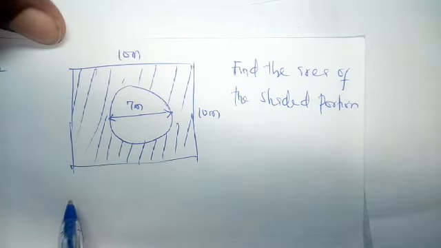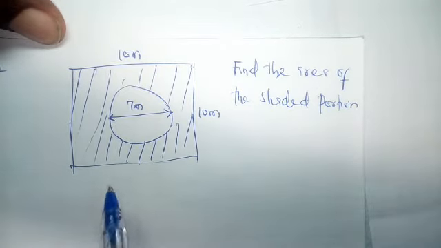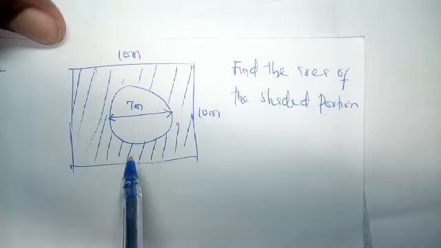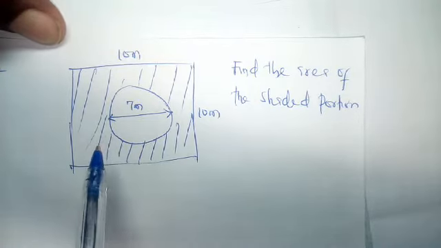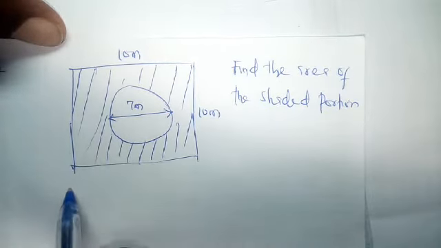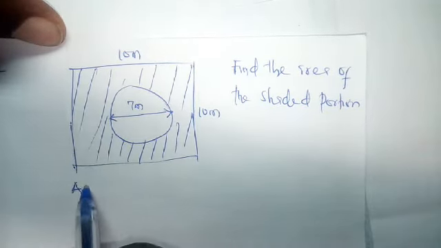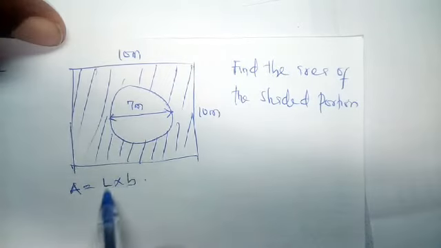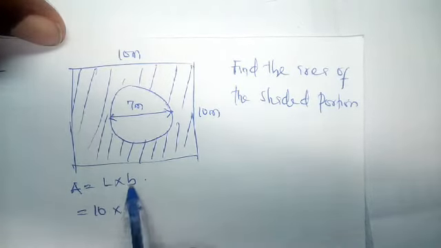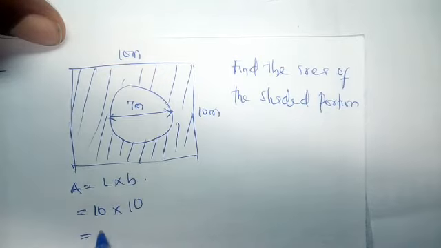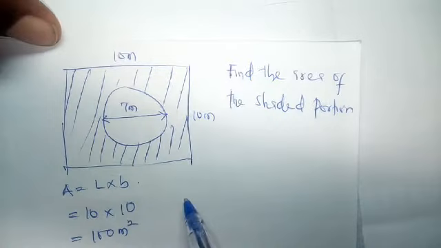First of all, we look at the square, then we go for the other shape inside before we now subtract and look for the area of the shaded portion. Now for the square, area of a square is equal to length times breadth. From our diagram, the length is 10 times breadth is 10. 10 times 10 will give us 100, so we're having 100 meter square.